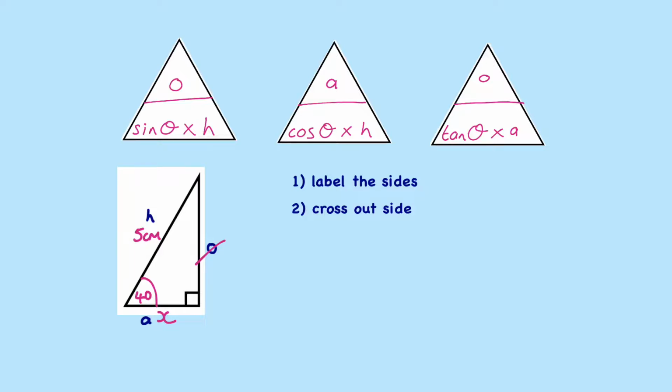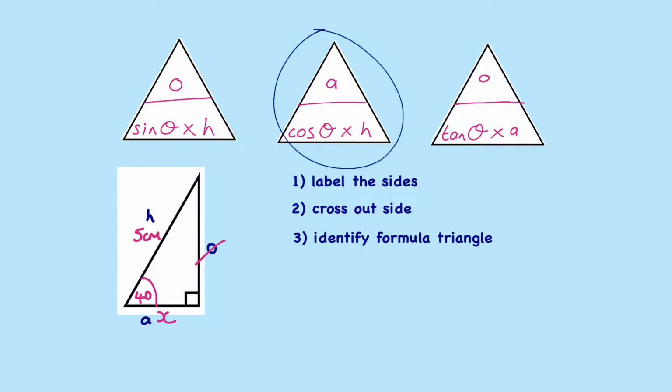Then step 3 is you identify the formula triangle. So we've been given H and we're trying to find A, so we're looking for the triangle that has A and H in it, which of course is this one. And then all that's left is to substitute in the values. So we're looking for A, that's what we're trying to find.